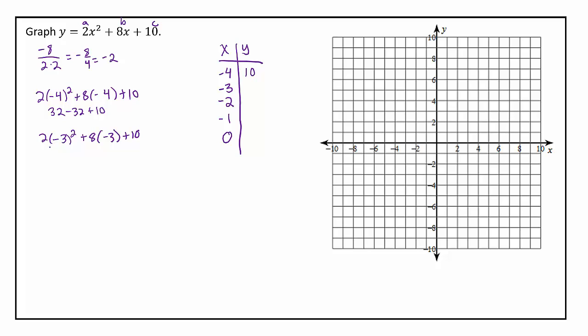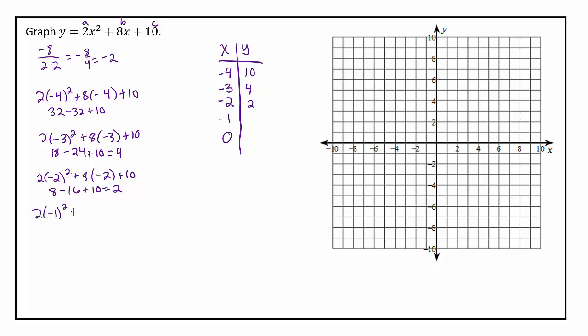And get 9 times 2 is 18, so minus 24 plus 10, that will be 4. It doesn't matter which order you plug the numbers in, just so long as you plug them in. This is 4 times 2 is 8, minus 16 plus 10, negative 8 plus 10 is 2.